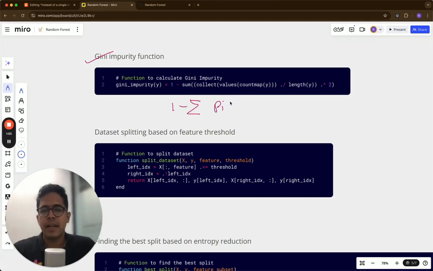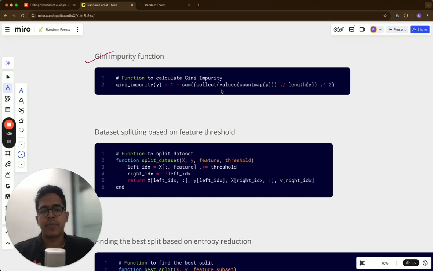And what is pi? Individual pi is the count of things belonging to one class divided by the length of y, which is the total number of data points in that one node. This Gini impurity function will return the Gini impurity of the parent node before splitting.